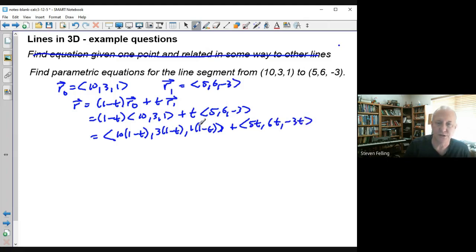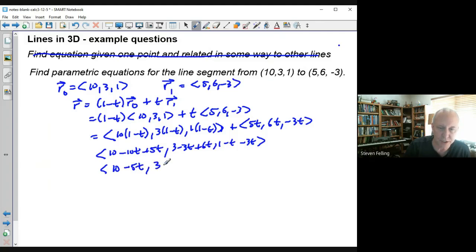If we combine the x's, y's, and z's together, we get 10 minus 10t plus 5t for the x component, 3 minus 3t plus 6t for the y component, and 1 minus t minus 3t for the z component. Combining like terms, we get 10 minus 5t for the x component, 3 plus 3t for the y component, and 1 minus 4t for the z component.